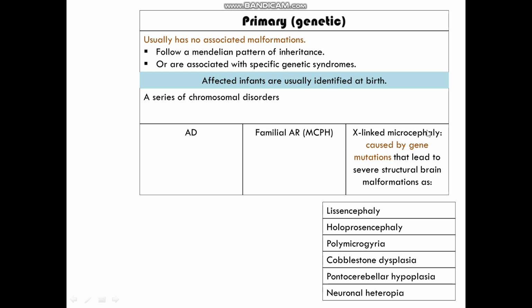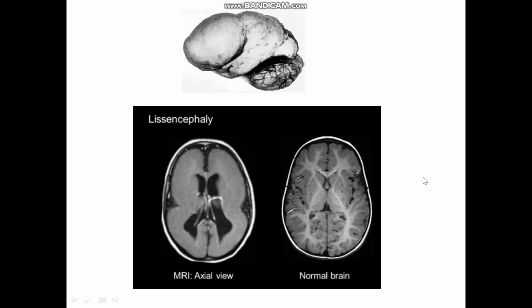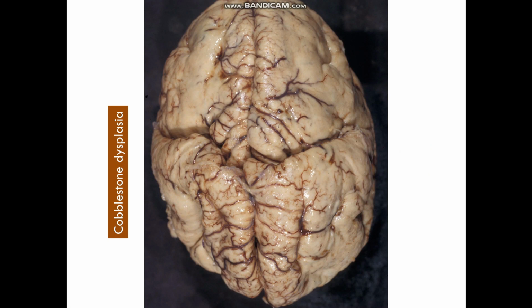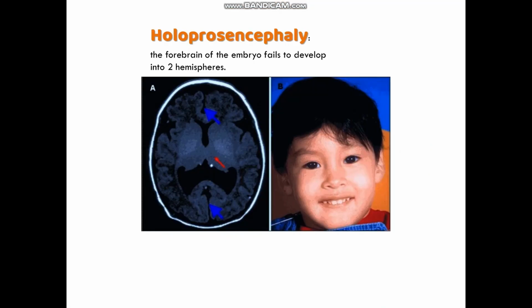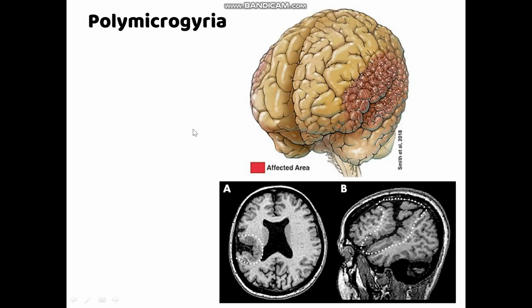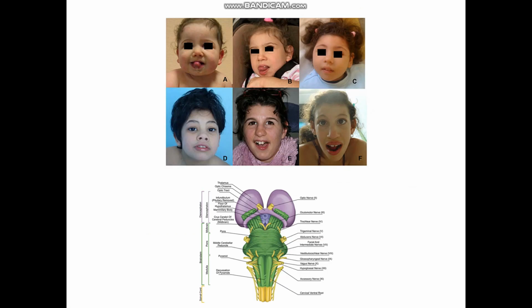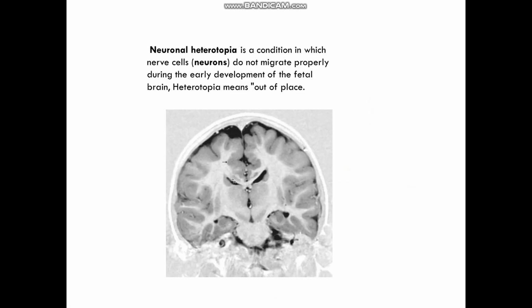So the X-linked microcephaly is the least common among them. It's caused by gene mutations that lead to severe structural brain malformations such as lissencephaly, Zellweger dysplasia, holoprosencephaly, where the forebrain of the embryo fails to develop into two hemispheres, polymicrogyria, and neuronal heterotopia.